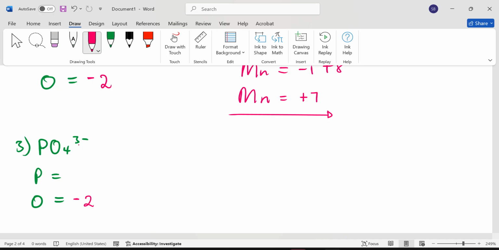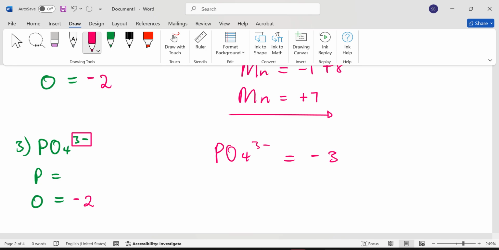So since it's a polyatomic ion, there is a certain charge. It's not a neutral compound like potassium permanganate or FeCl3. You'll then say PO4 3 minus equals negative 3. Hope you guys are seeing this and how it actually works.